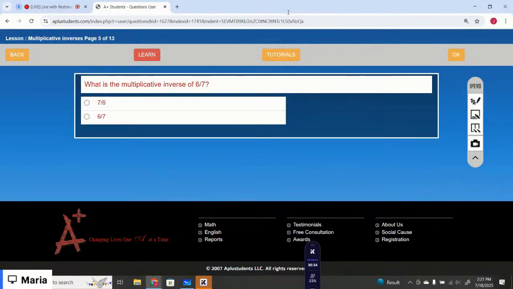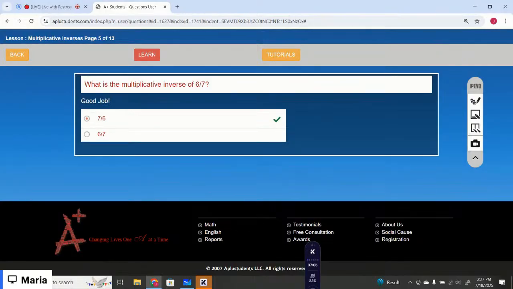What is the multiplicative inverse of 6 over 7? That is 7 over 6. Option number 1 is the correct option. Very good.